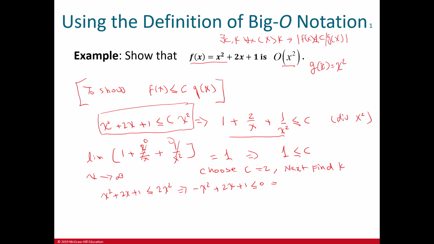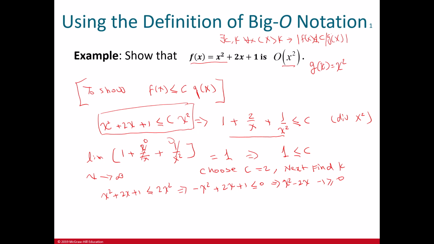If I multiply both sides by negative 1 just to make this one positive, then I will have x to the 2 minus 2x minus 1 greater than or equal to 0. Now this becomes a quadratic. I can use the quadratic formula to find x. I'm not going to do it here, so go ahead and use the quadratic equation to solve it.